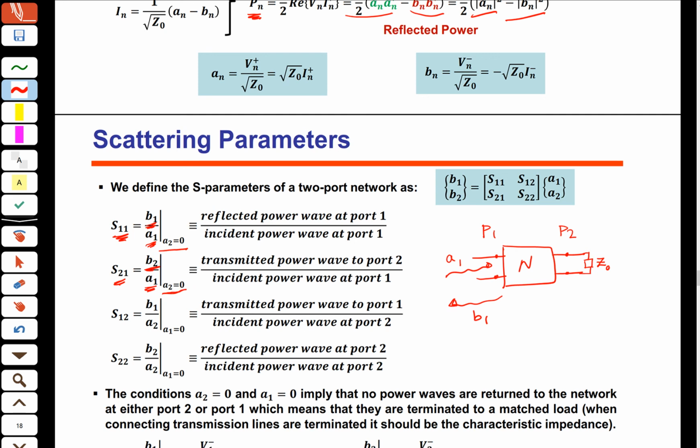If you match here, then we measure what is coming. I mean nothing is generated from port 2 into the network. When from these two points nothing is going into the network.